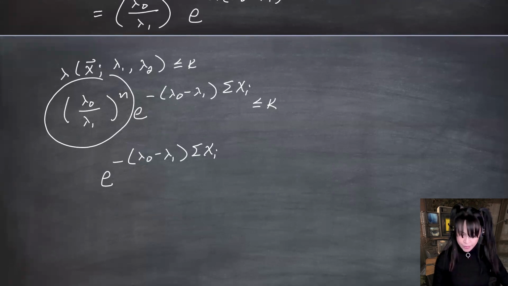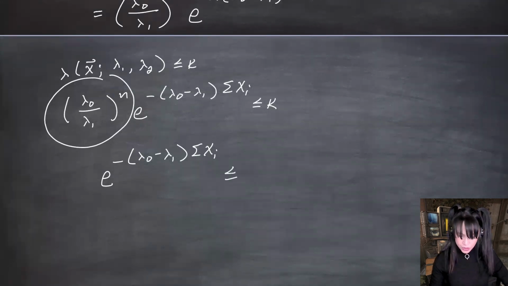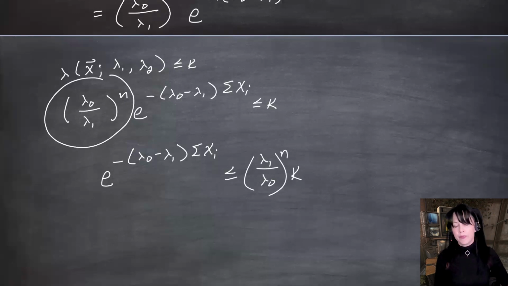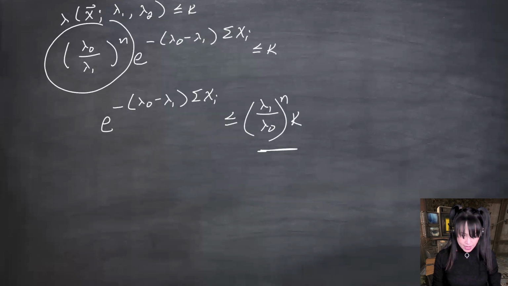In the end, I will have random variables there. Is less than or equal to (lambda 1 over lambda naught) to the n times k. This is just another constant because our sample size n is always known, and our lambda naught and lambda 1 are known. So I'm going to call this k1 and not carry around all that stuff on the right-hand side.